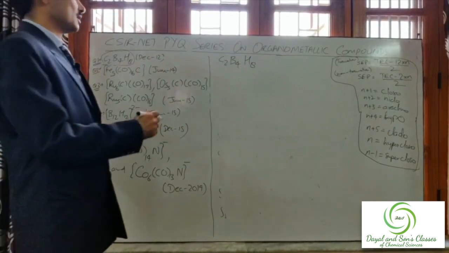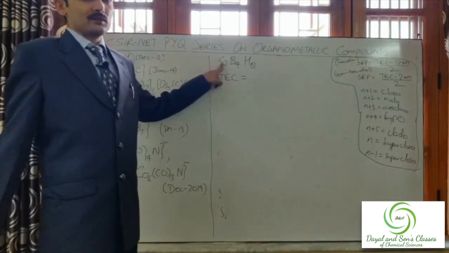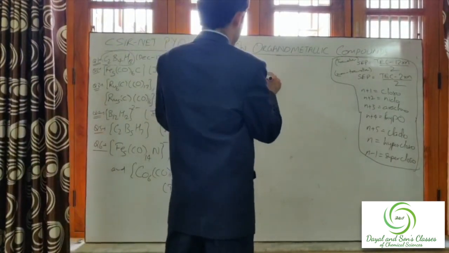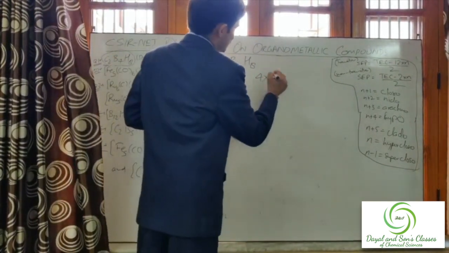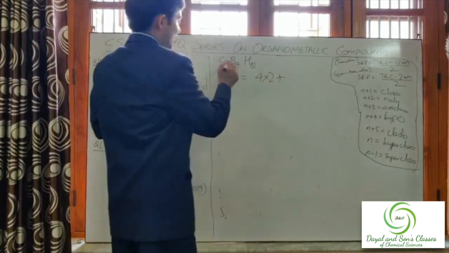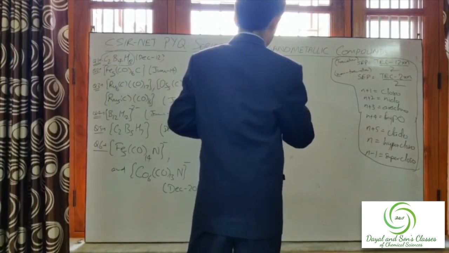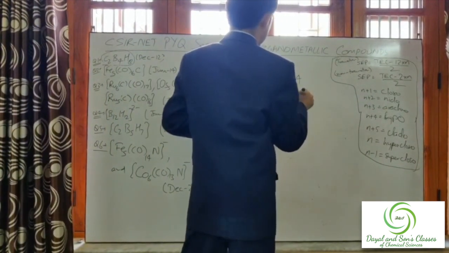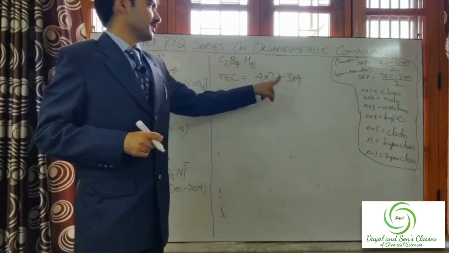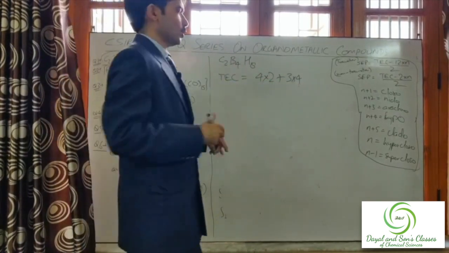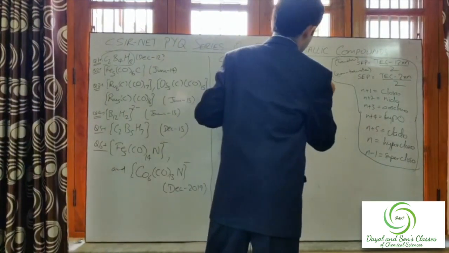In this case, total electron count TEC will be equal to: carbon has 4 valence electrons, there are 2 carbon, so it will be 4 into 2, plus boron has valence electron 3, 1 boron contributes 3, and there are 4, that's why we multiplied by 4, 3 into 4, plus there are 8 hydrogen, 1 hydrogen contributes 1 electron, 1 into 8.